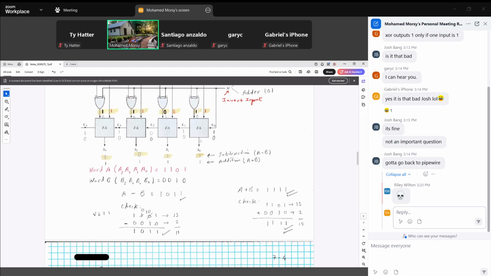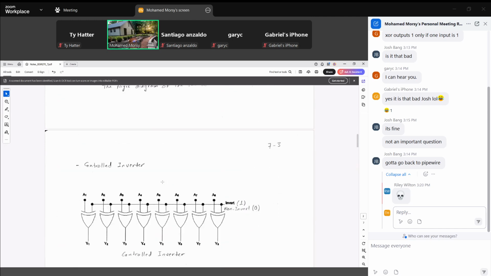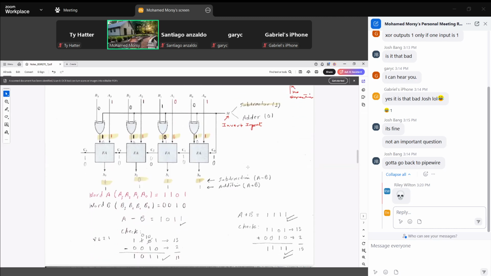Now we do the same thing we did here, because we have prepared the inputs for the full adders. Do you remember when we mentioned what to do if we need to subtract two numbers? Generally speaking, addition is easier than subtraction. So we use the advantage of 2's complement to convert the negative number.